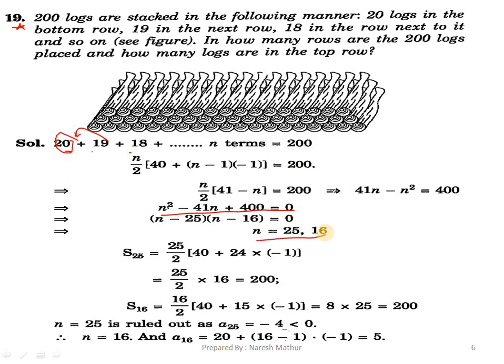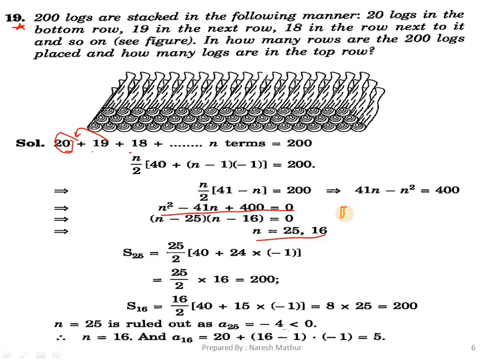Now in this solution we have two values of n and both are positive, but the answer will be only one, so we have to reject one value, and which one we should reject we will check. If we take 25 as the number of rows, it means there are 25 rows in total. Then we can find how many logs will be in the 25th row.